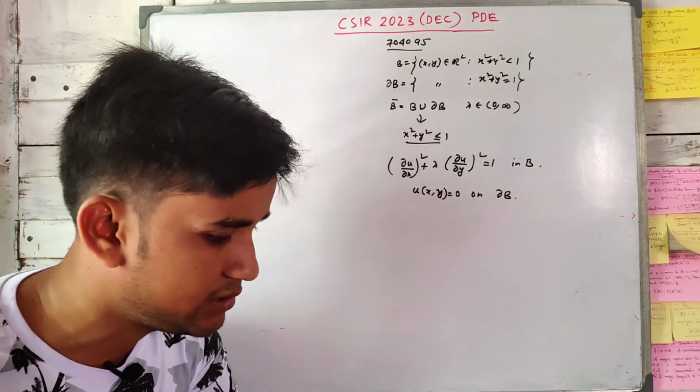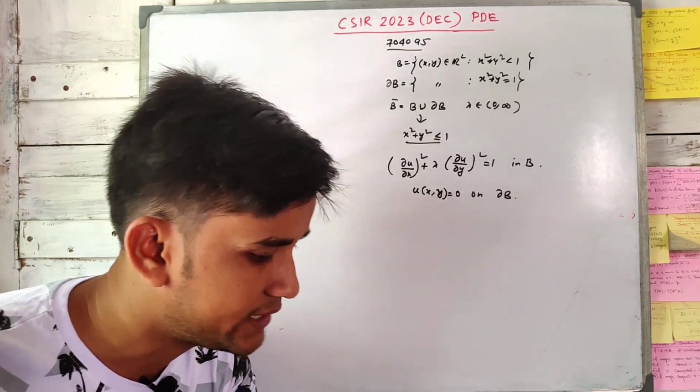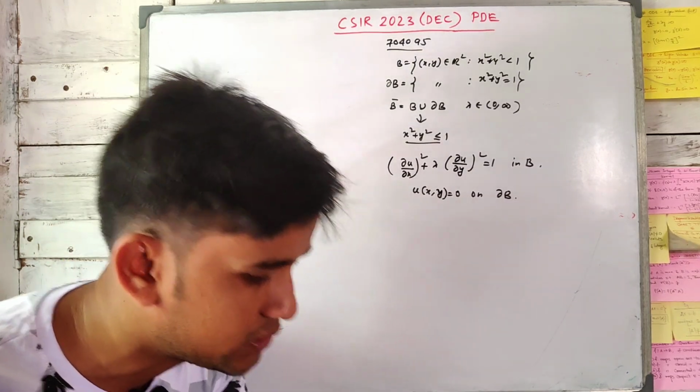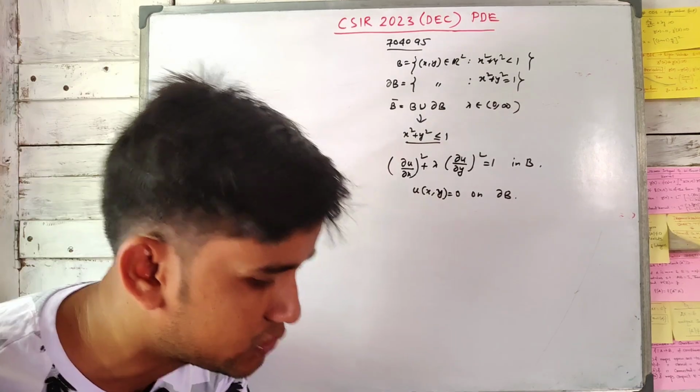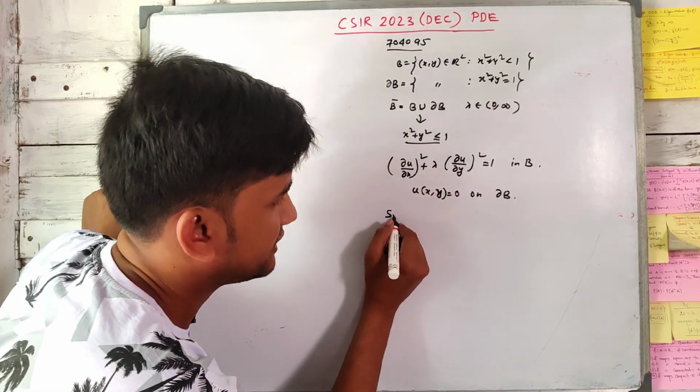S1 equals phi, S2 equals phi; S1 has exactly one element and S2 has exactly two elements; S1 and S2 both are infinite. That is, we have to find the cardinality of S lambda.